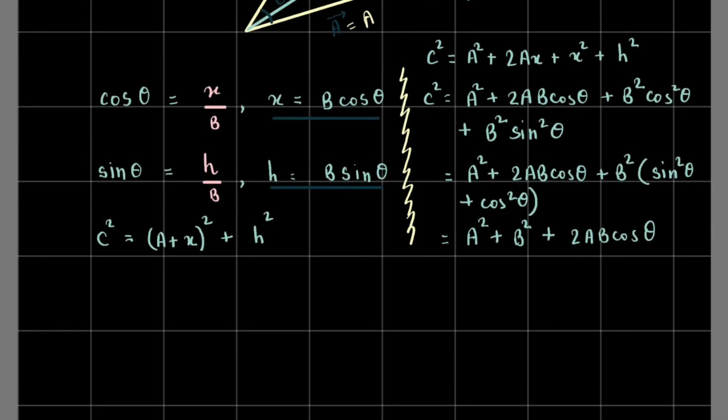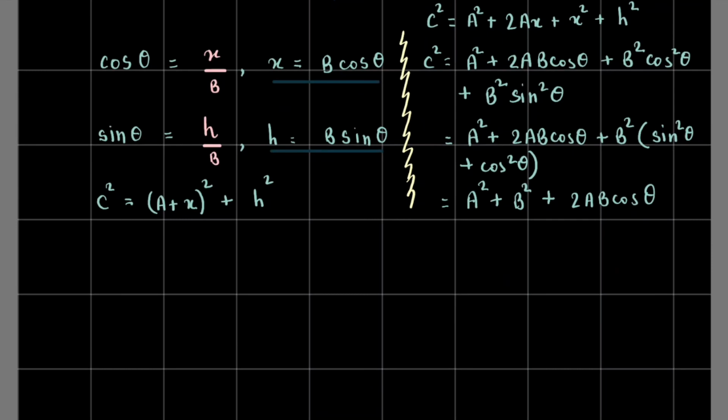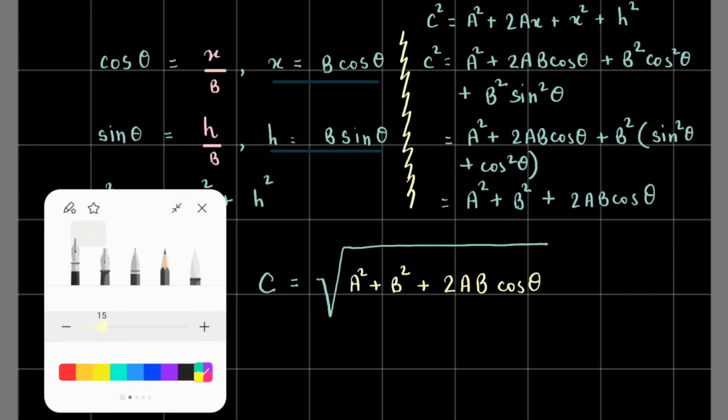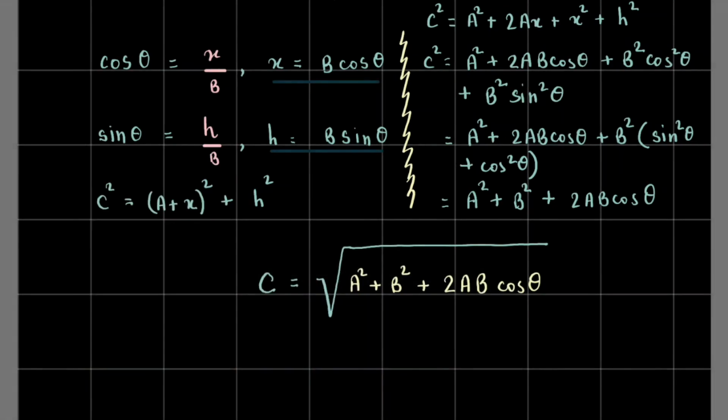Now the final thing we need to do is remove the square. So c equals root over a square plus b square plus 2ab cos theta. Wow, that's very, very simple, very, very intuitive, right?